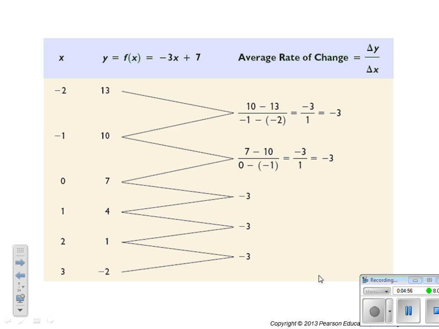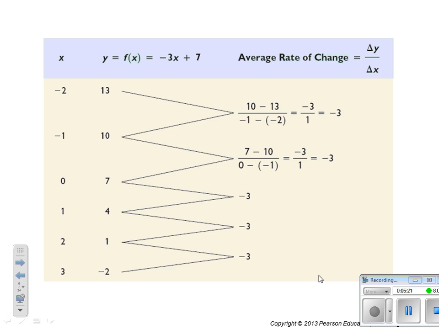What is the other word we've been using for that? Yeah, delta y over delta x is slope. It's also known as the average rate of change. So it's not a new concept, but we are calling it something a little bit different.